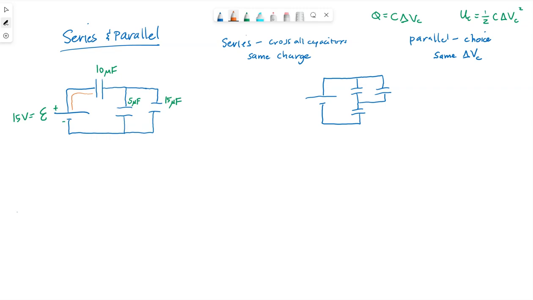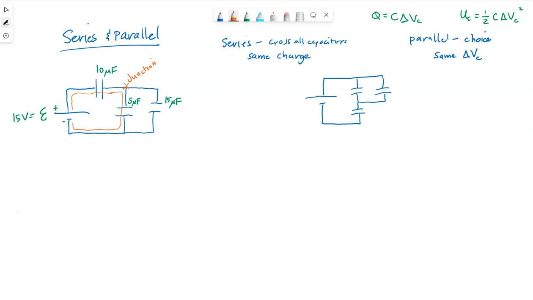So as I move through this circuit, I have to pass by the 10 microfarad capacitor. But then I reach a point right here that we call a junction. At this junction, I have a choice. I can only take one path at a time. So I can choose to go through the 5 microfarad capacitor back to the battery.